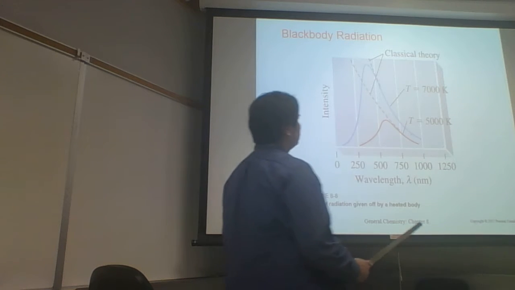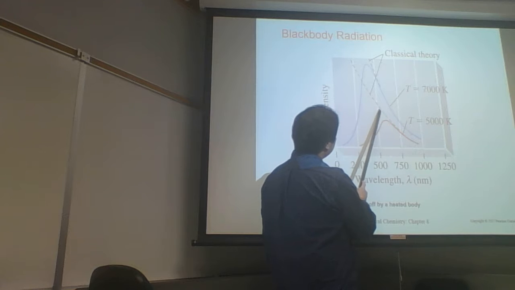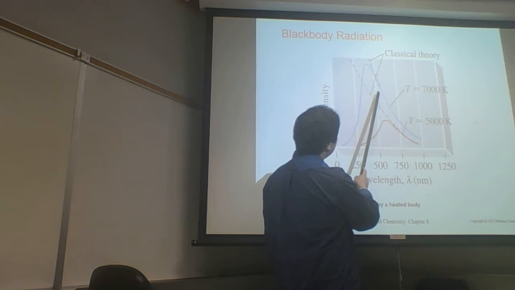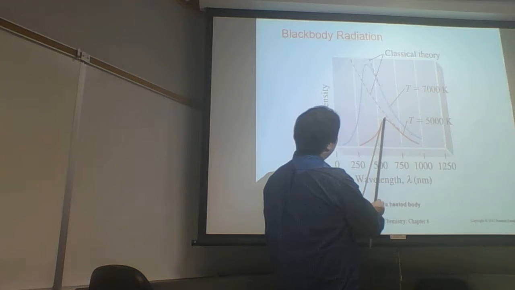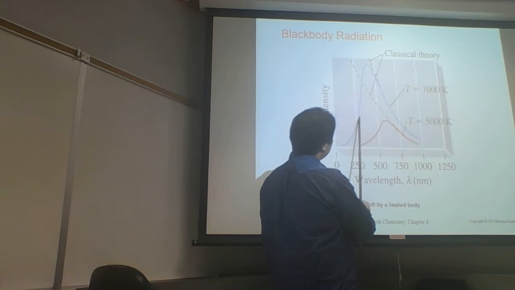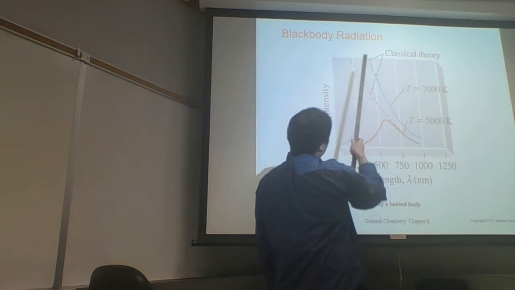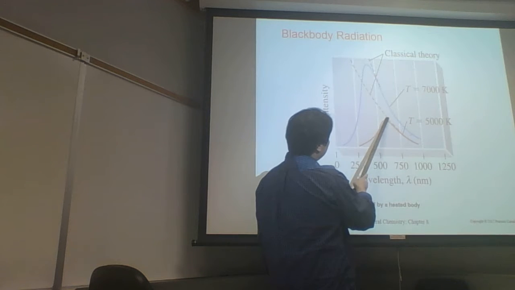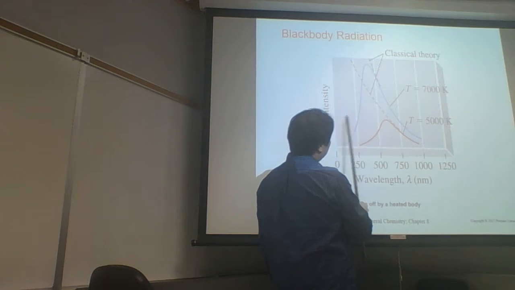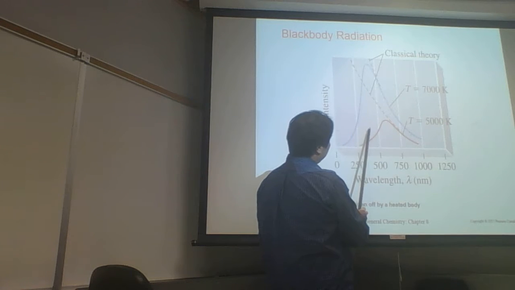What's predicted would be based on these lines here, as far as the emission goes. And the higher energy emissions here are much less intense than what's predicted by the excitation of electrons in what we call classical physics. And so this problem here is called the UV catastrophe.